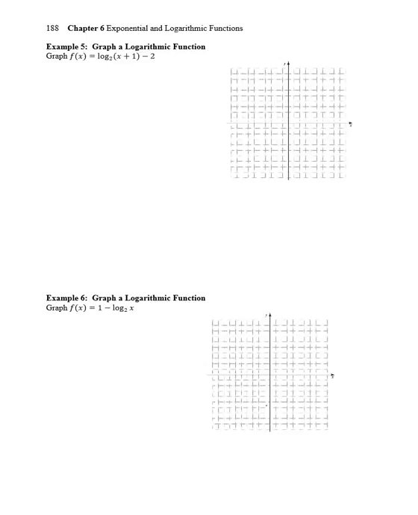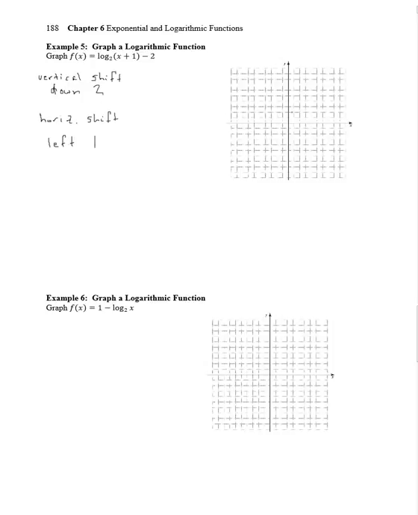If we need log base 2 of x plus 1, minus 2, by doing our transformations, we have a vertical shift down 2, and we have a horizontal shift left 1.